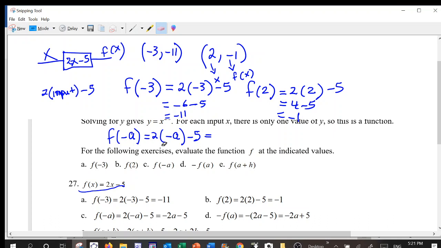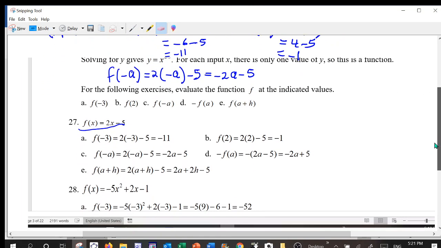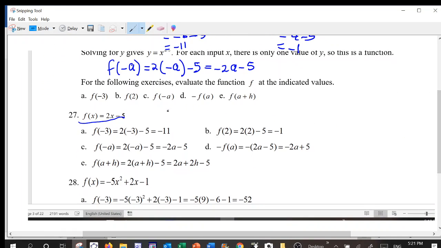So 2 times negative a is negative 2a minus 5, right? And now, before I forget, if the input is negative a, the output is negative 2a minus 5, like that.